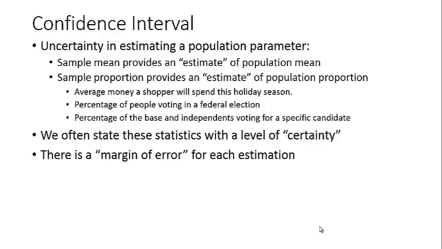Or percentage of people voting in a federal election or voting for a specific candidate, there's always an estimate, and then there should be some upper and lower confidence limits for that estimate. So we do have some confidence in some margin of error for each estimation.